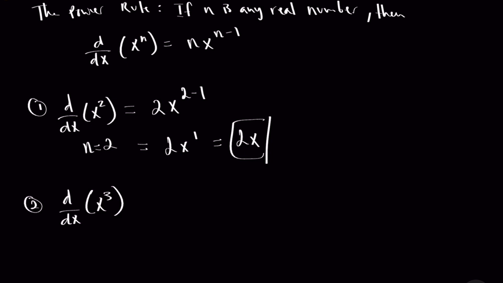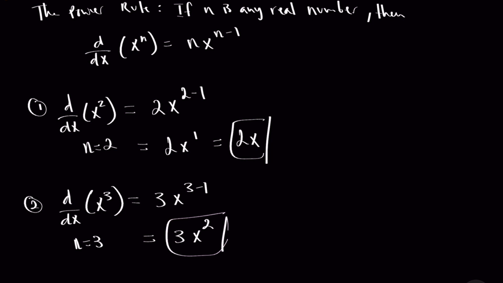Let's take a look at another example here. We have the derivative of x cubed. So n is equal to 3. So we're going to have 3 times x to the power of 3 minus 1. That's going to equal 3 times x squared. And this is the derivative of x cubed. And now let's do one more simple example. Let's say we have d over dx of x to the 4th power.